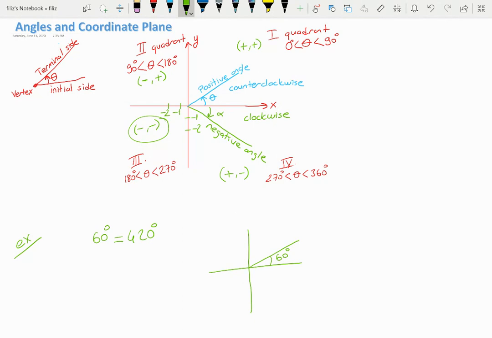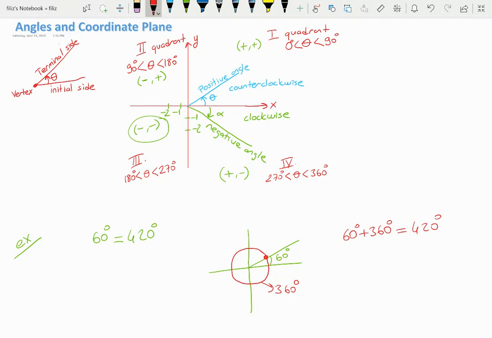Okay. If I have a full circle that starts from here and goes to here, this is 360 degrees, right? So when I start from 60 degrees and make a full circle around, I come to the same place, right? So 60 degrees plus 360 equals 420.